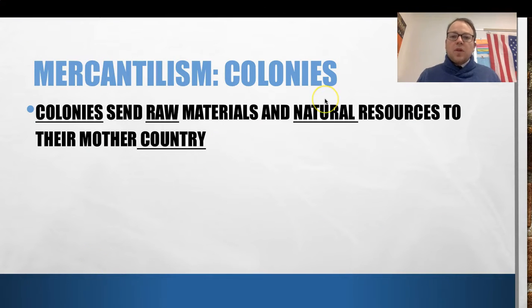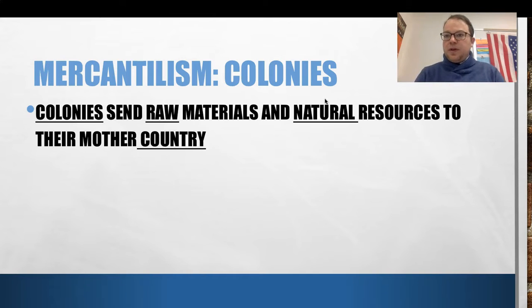All right. So for mercantilism to work, to see a colony benefiting the mother country, here's what the colonies do in a mercantilist relationship. The colonies are going to send raw materials, natural resources to their mother country. We looked at this on the triangular trade chart: lumber, raw materials like sugar, anything that we're growing crop-wise, is going to be sent to the mother country.